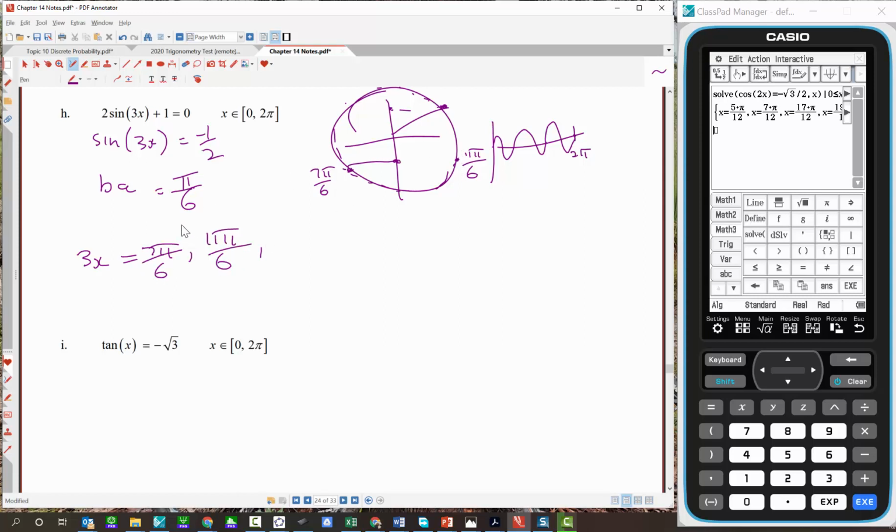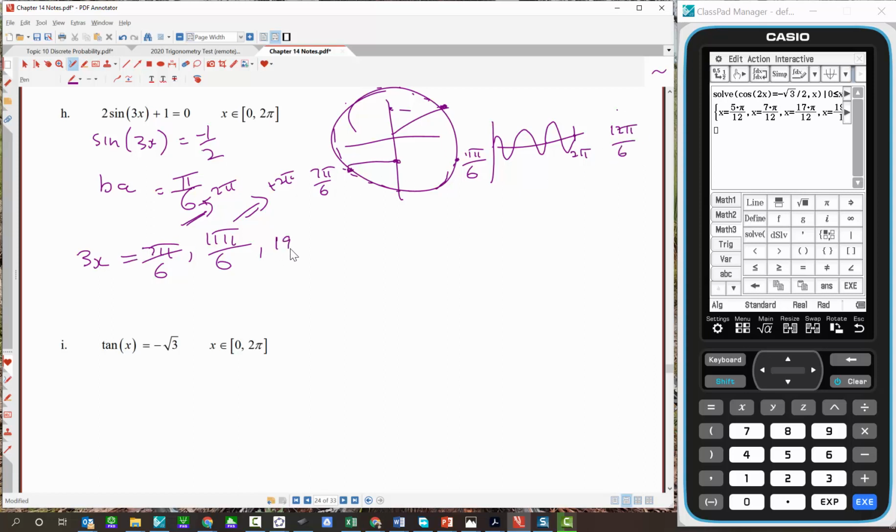All right, and then what I can do is simply add 2 pi to both of these solutions to get the next ones. I don't have to reconstruct it by going around the unit circle. So 2 pi, with this denominator, is going to be 12 pi on 6.